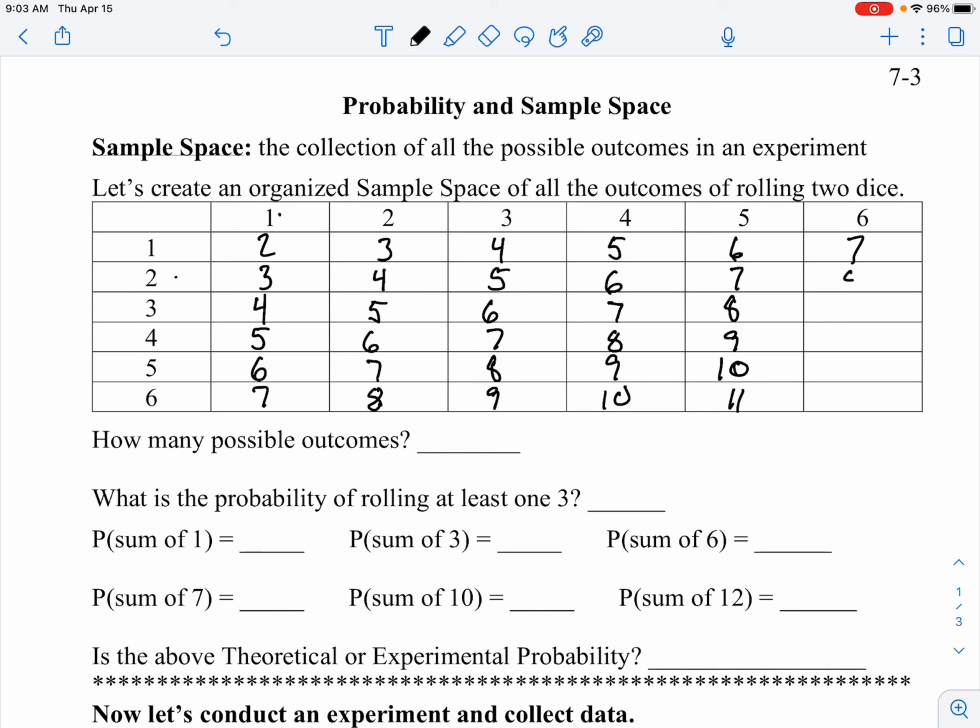And 6 and 1 is 7, and 8, and 9, and 10, and 11, and 12. All right, so these are all the possible outcomes that we can have.